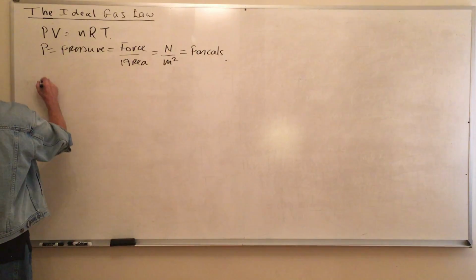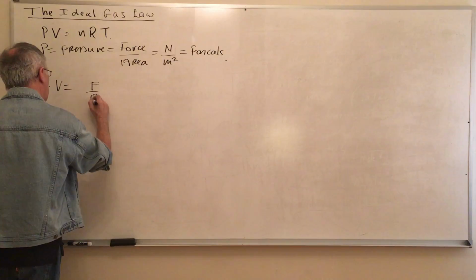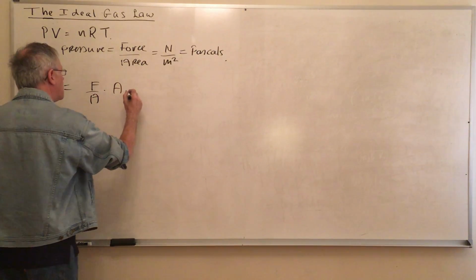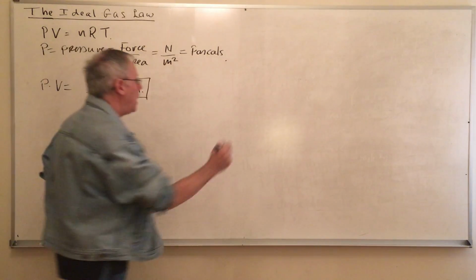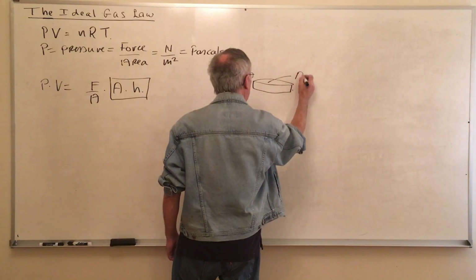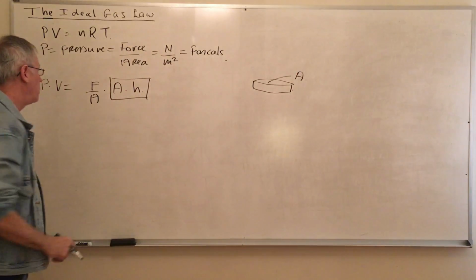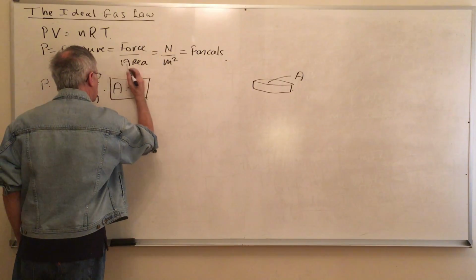The quantity PV is force over area times height. Volume could be the height of a disk of area A, pi r squared, h, but let's say h is delta x instead.